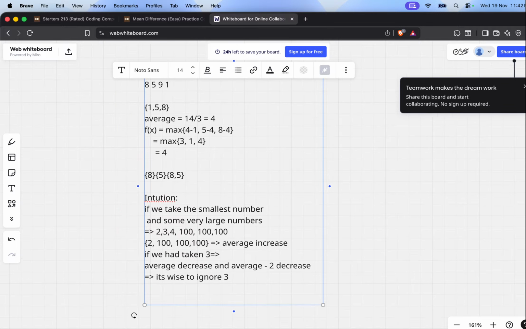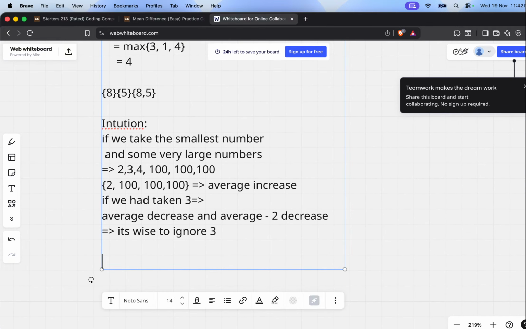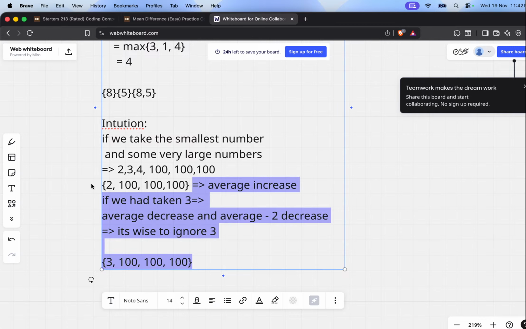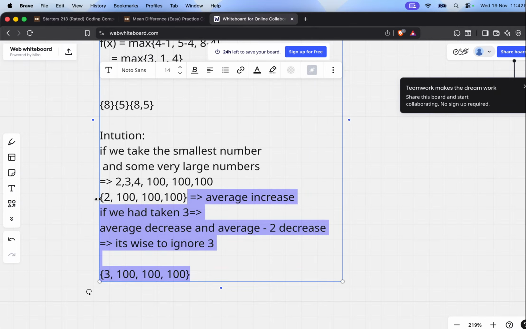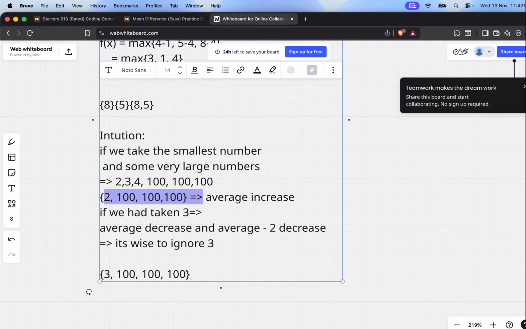In another scenario, what if we had taken 3 and hundreds? Is the condition of 2 and 3 hundreds better, or is the condition where we are choosing 3 and 3 hundreds better? Okay, let's see this. Our average increases because we are choosing 3 instead of 2.